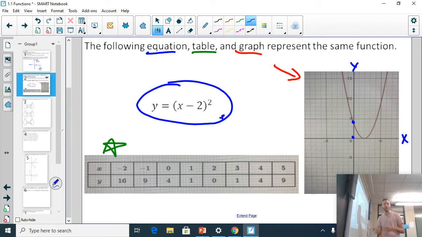If we were to list out every single point, that'd be the same thing as that equation. And this graph is just this table, but with every single point. We have 0 and 4, we have 1 and 1, and we have 2 and 0. If we were to get every little thing in between, that's what that graph would be.